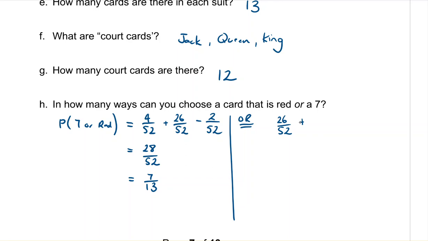So plus 2 out of 52, which does make 26 plus 2 is 28 out of 52, and then I'm back to the same answer from there. So slightly different ways of thinking about it, but I've shown my working out and I get the same answer either way. Okay, next page.